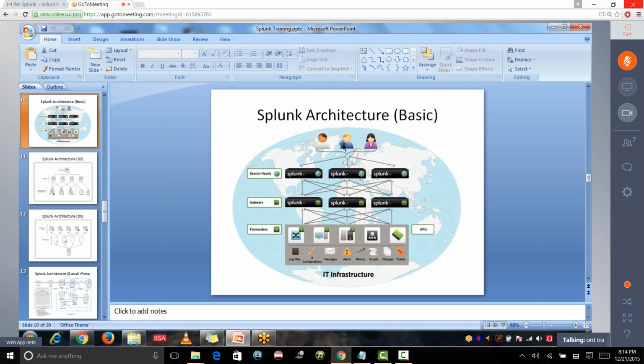Now, from the user standpoint, when you fire the query, there is another system called the search head. It gets the query, breaks the job into certain segments, and sends the instructions to the indexers. The indexers store the data.